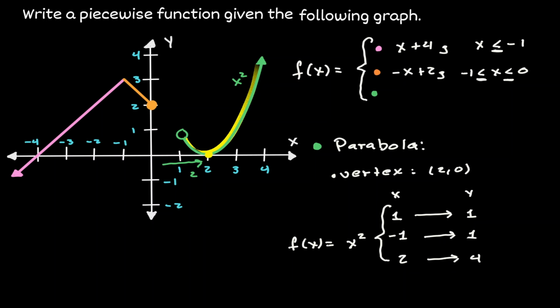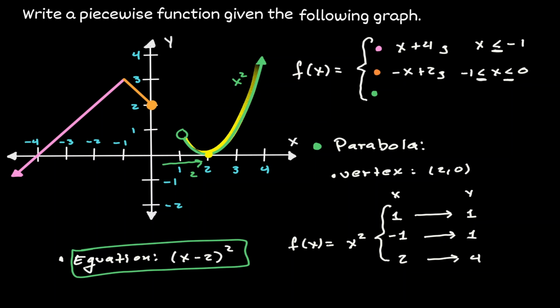Let's put all this together. Then the equation in green is the equation of the parabola of x squared shifted 2 units to the right, which we can write down as x minus 2 raised to the second. So now we have the equation for the third line.